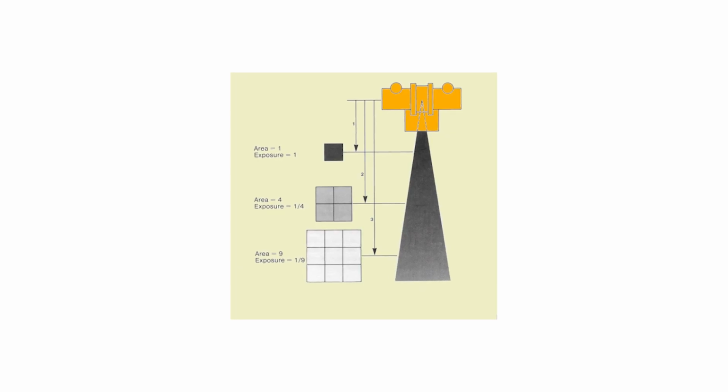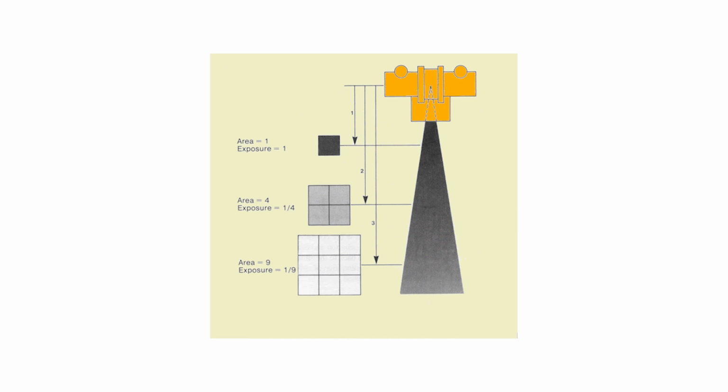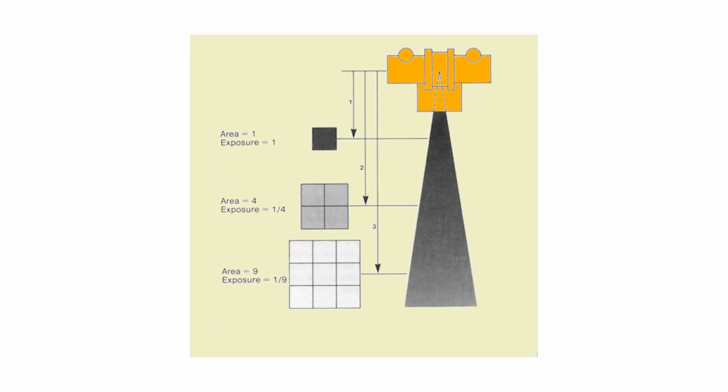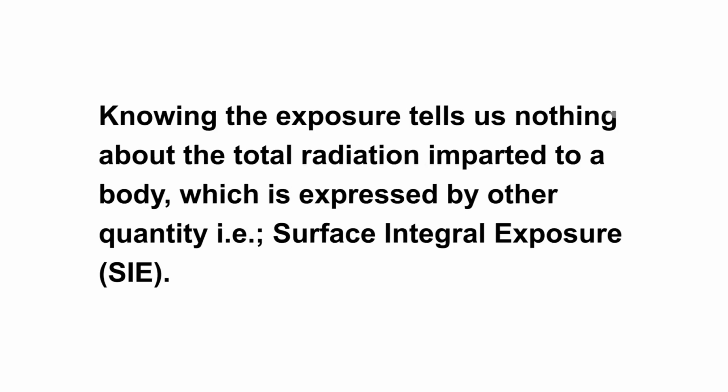Now talking about the next one, that is exposure. Exposure is a radiation quantity that expresses the concentration of radiation delivered to a specific point, such as the surface of the human body. Knowing the exposure tells us nothing about the total radiation that is imparted to a body, which is expressed by another quantity, that is surface integral exposure, also denoted as SIE.